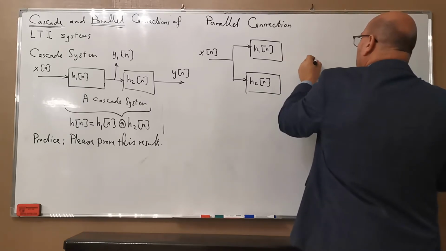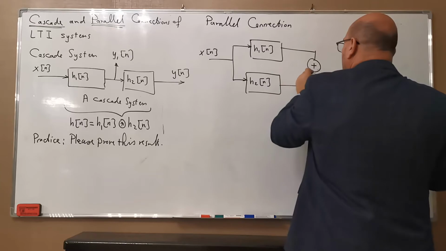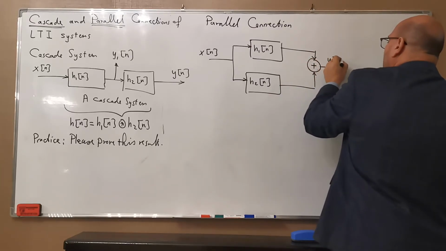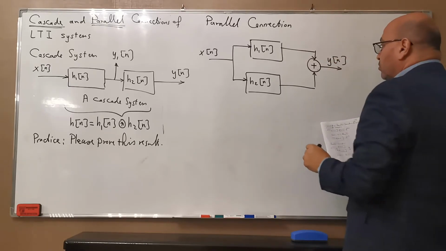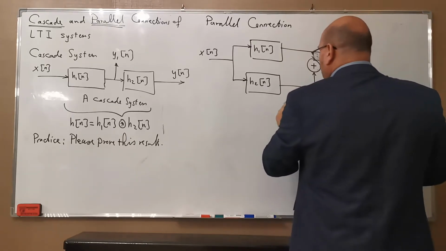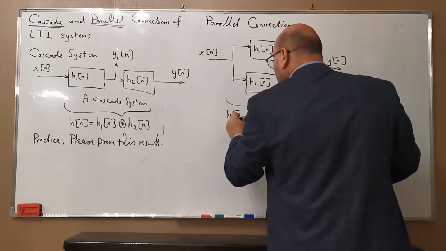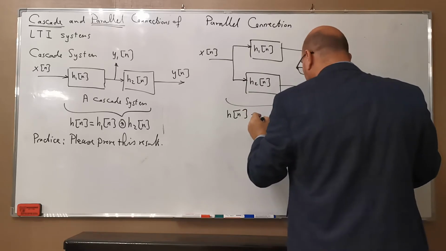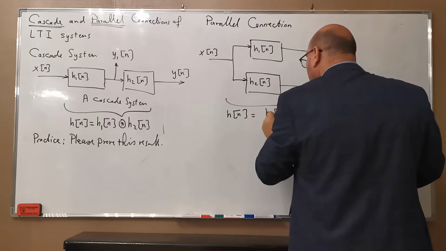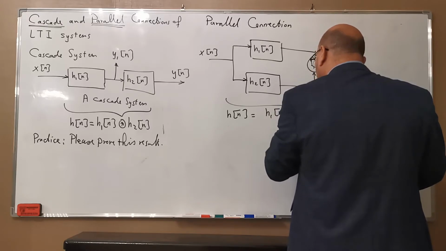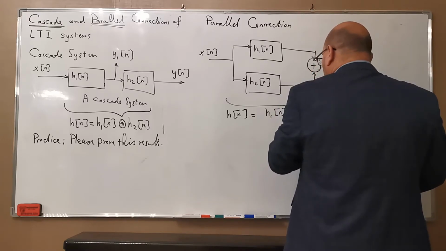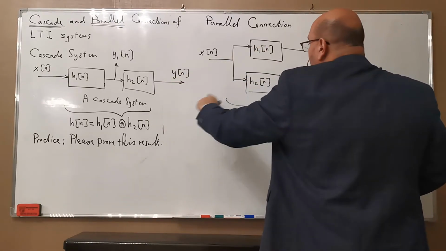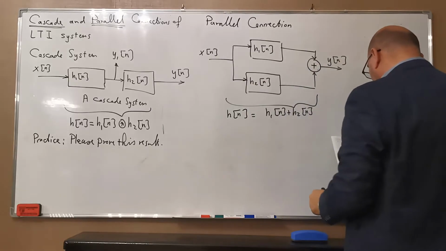Those two outputs will be added together, and you have y of n. And notice here that this is a parallel connection, so h of n is equal to h1 of n plus h2 of n. Okay? So the cascaded, it's the convolution, the parallel connection, it's the addition.